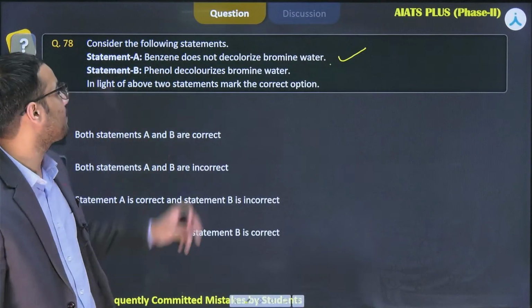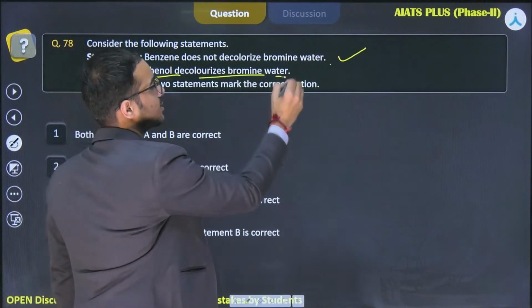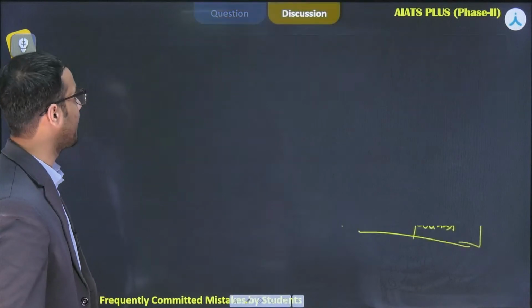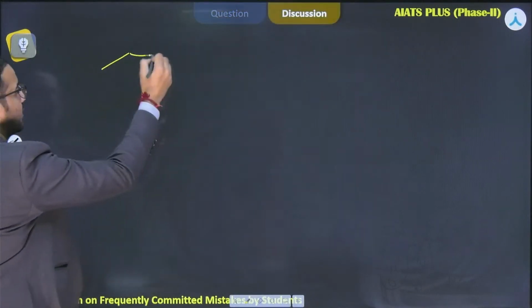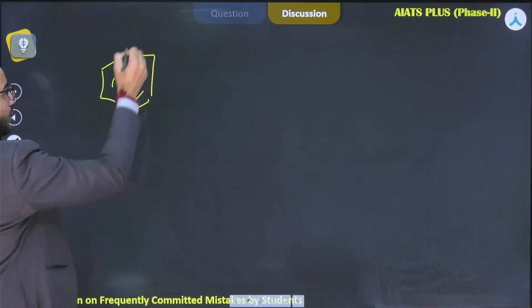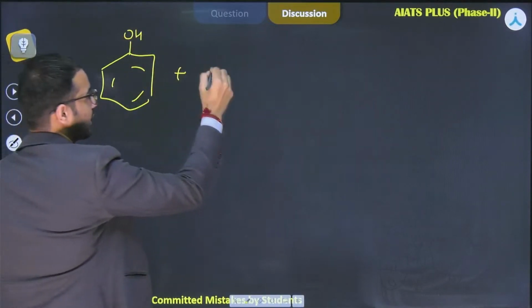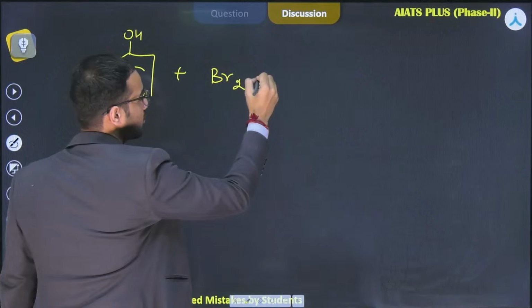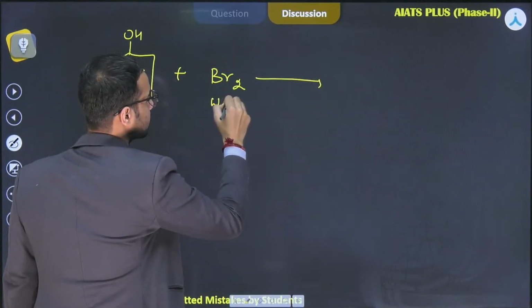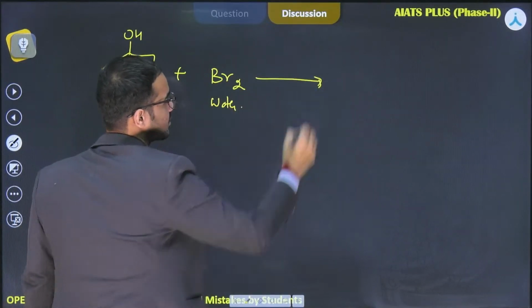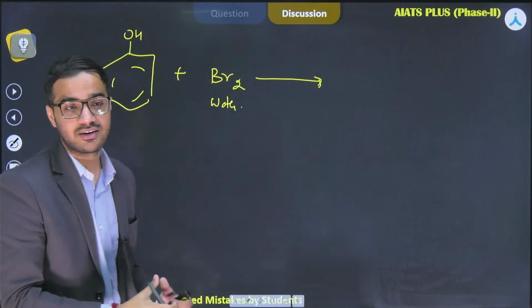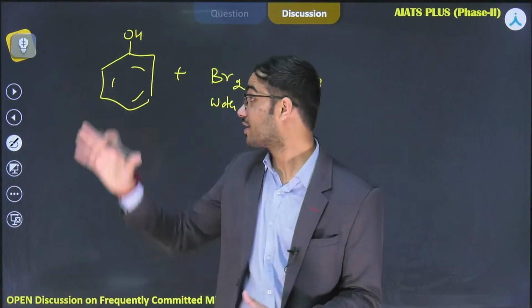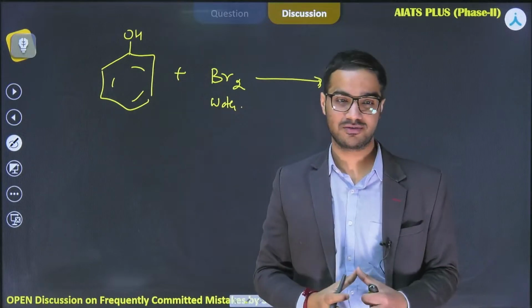Moving to statement B, phenol decolorizes bromine water. Let us take an example. This is phenol and you are reacting it with bromine water. What will be the case? Will it decolorize it? This is again an aromatic compound.